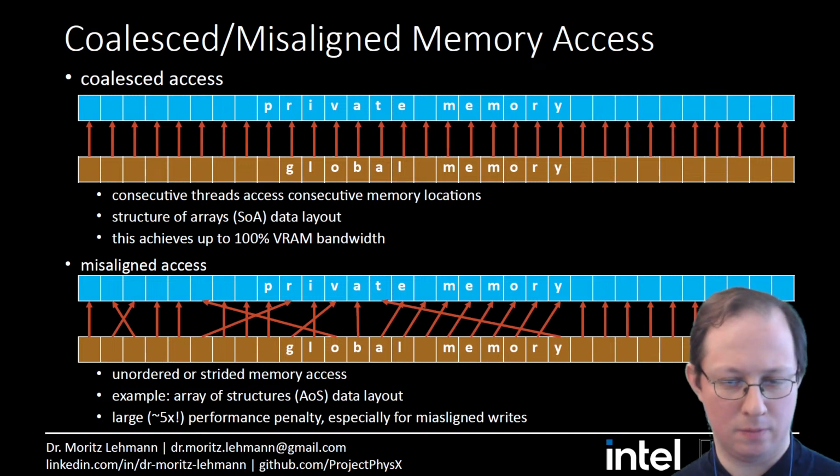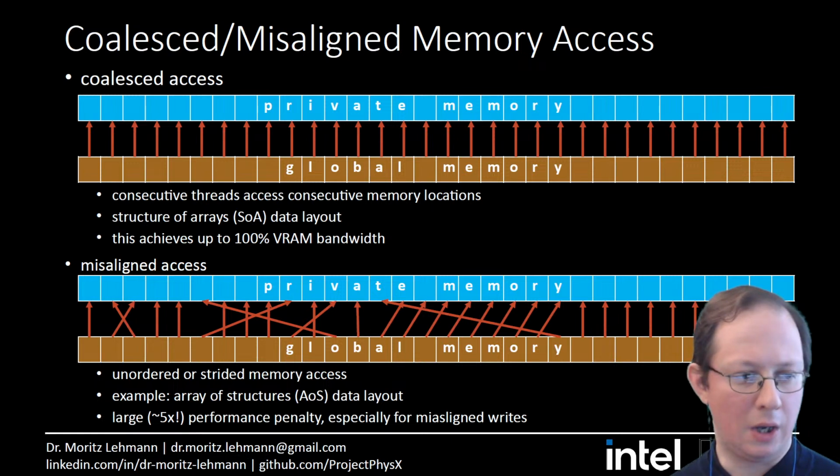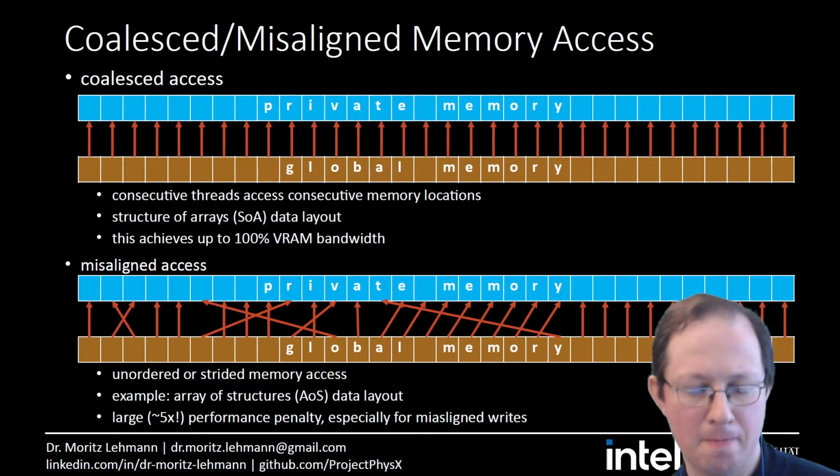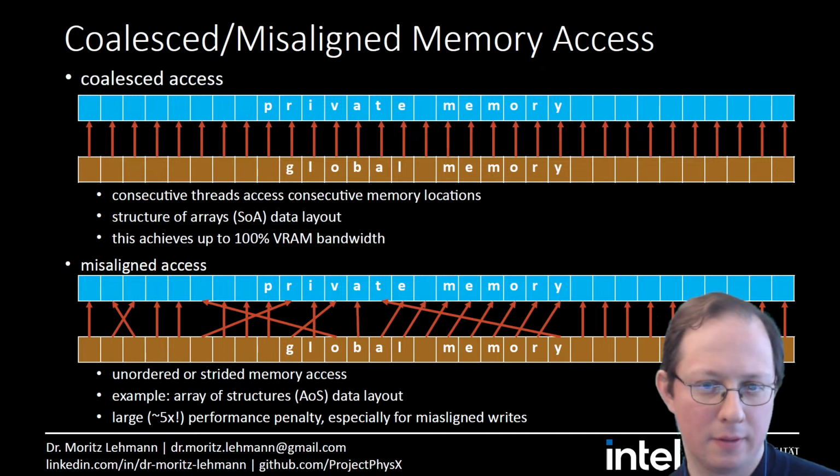Also, if you have any randomized access, for example through a lookup table, then it's also misaligned access, and you only get a small fraction of the theoretical bandwidth. So I think it's the most important thing to care about the data structure that you're using in memory and make sure that the memory access is efficient.